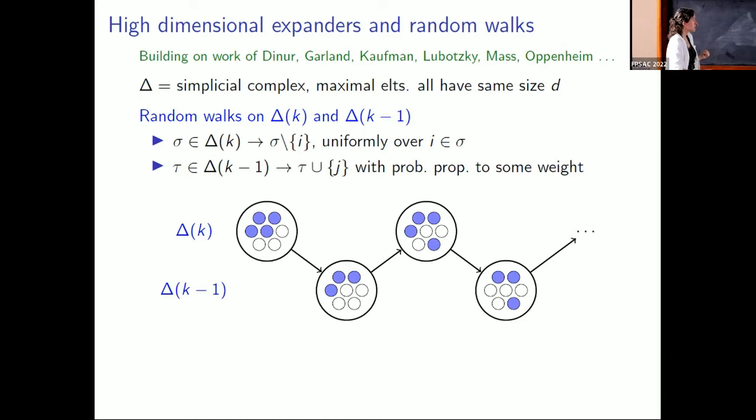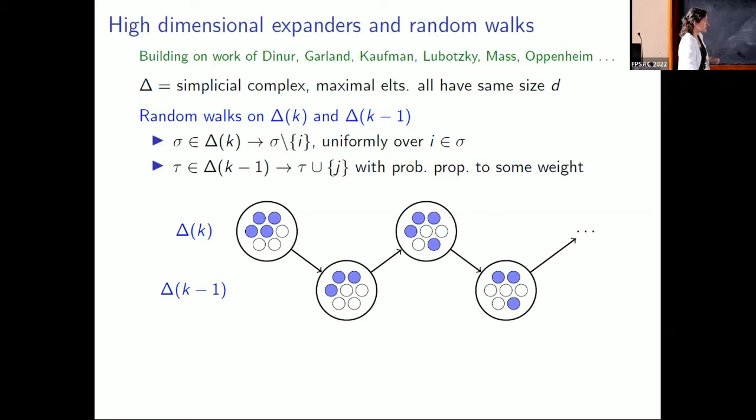It's the following. If I take some face of the simplicial complex with k elements, then I can get a face of size 1 less by uniformly throwing away some element. For example, here I have some collection of 4 out of 7 elements, and I throw away the middle one, and now I have 3 elements.